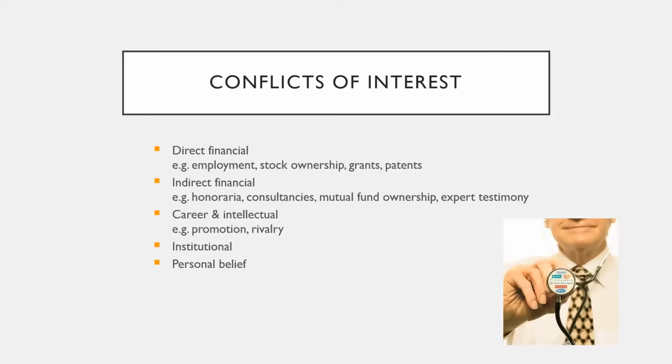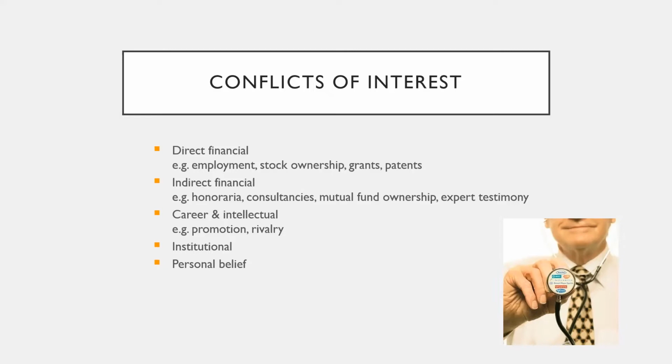Conflict of interest is very important as well. It shows whether there are any conflicts, financial conflicts, when you are sending the paper to the journal, or any conflict with institutions, if you belong to some institution, or any personal belief, or any conflicts between the authors, the co-authors.